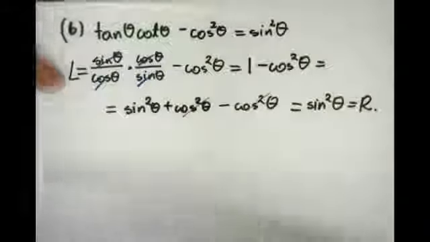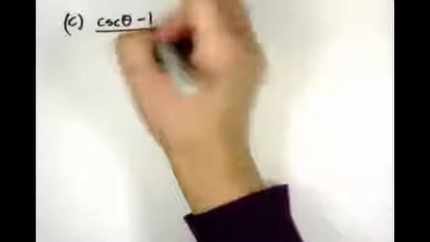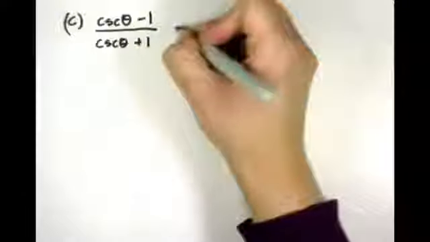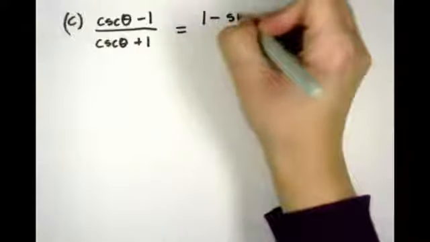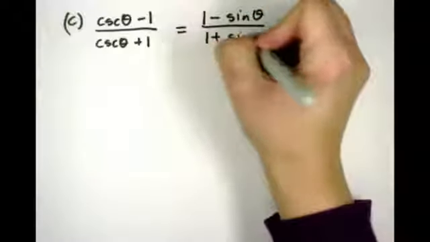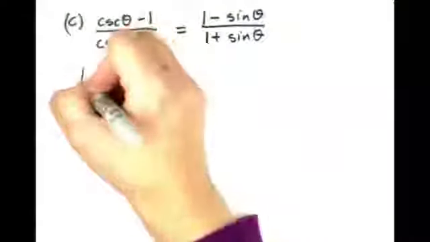Let's see another example, example C. We have cosecant theta minus 1 over cosecant theta plus 1 is equal to 1 minus sine theta over 1 plus sine theta. I will start with the left side.